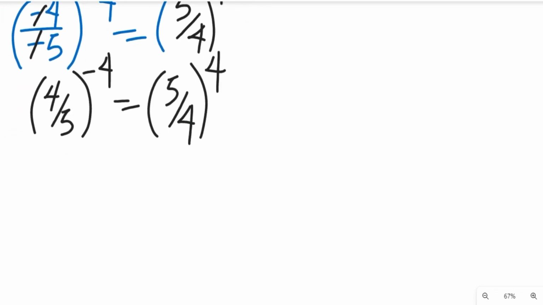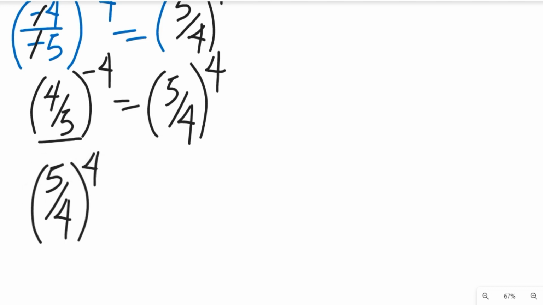Now, for us to get this same value, we're going to find the inverse of this. And the inverse of this will give us 5 divided by 4 all to the power of 4, because once you invert, this negative sign will go off, and this will be equal to 5 divided by 4 all to the power of 4.